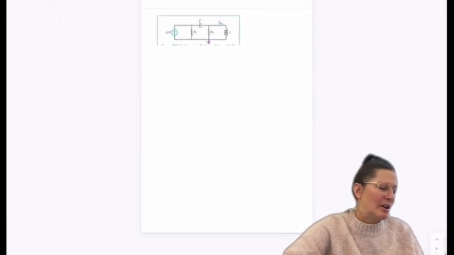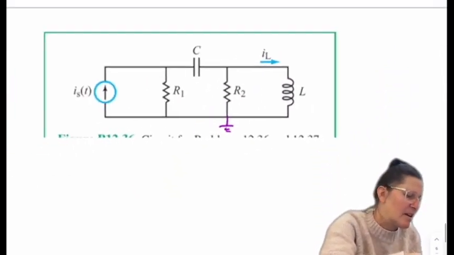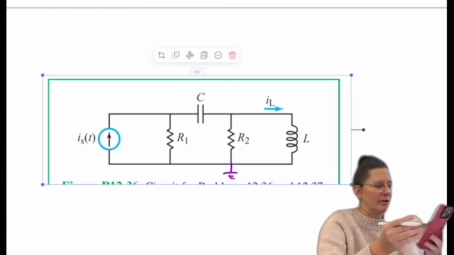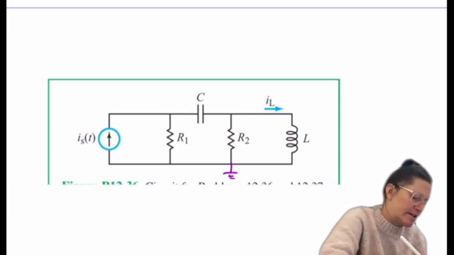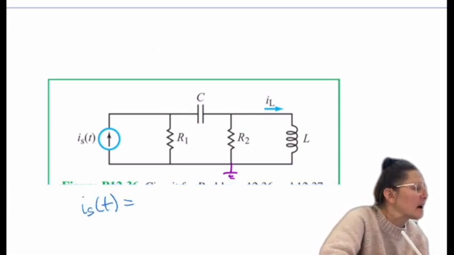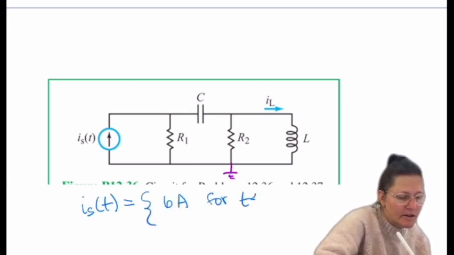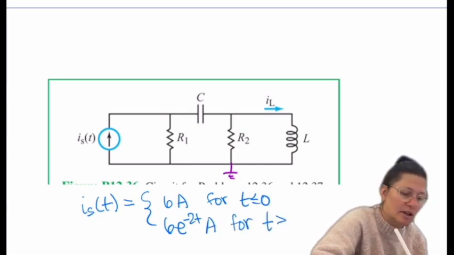Okay. So let's run through, I think we have time. Let's solve this one for IL of t. Let me find what these values were. IS of t is defined as 6 amps for t less than or equal to 0, and 6e to the minus 2t amps for t greater than or equal to 0.